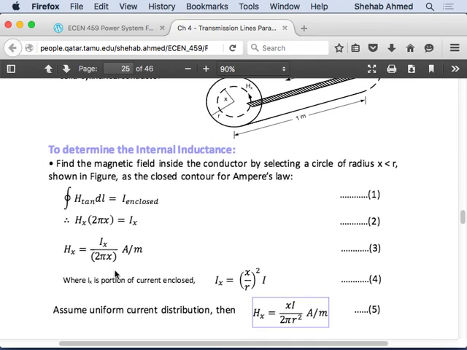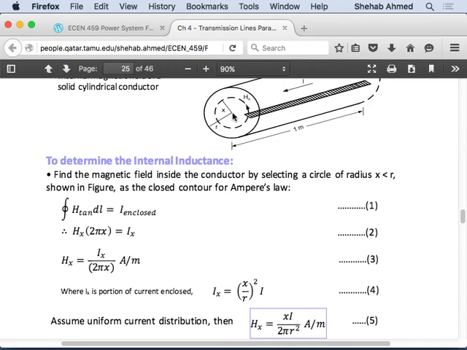I said that this Ix is related to I by the ratio of the areas. The area is pi r squared, right? The ratio of the external area is pi r squared. The ratio of the internal area is pi x squared.